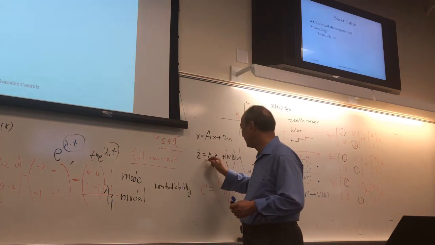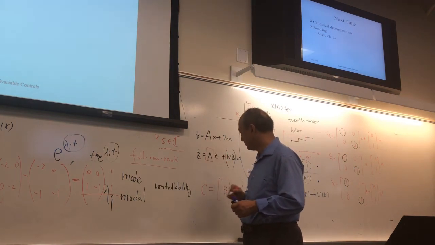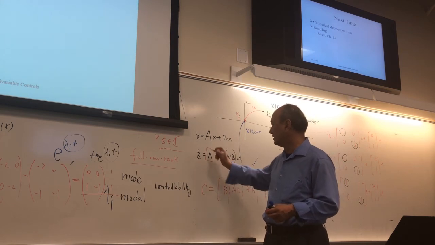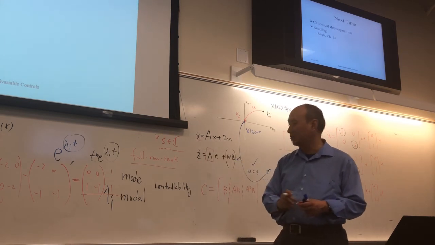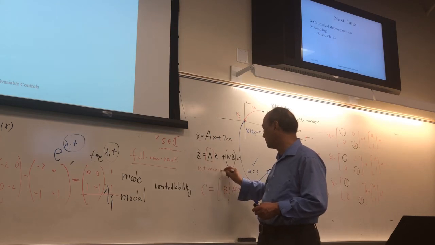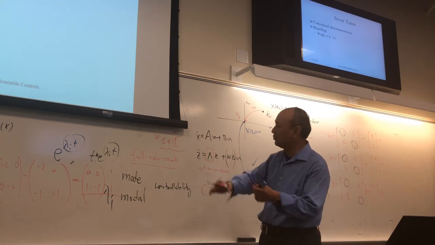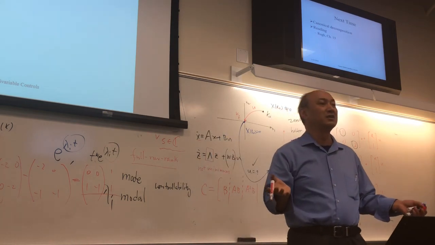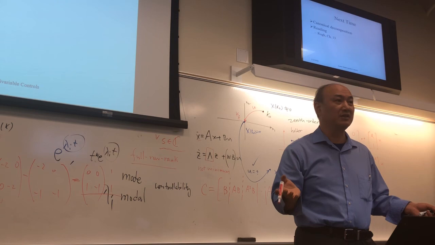In the next lecture, we're going to talk about this canonical form when these variables are not minimal, meaning I have used more variables than needed to describe the state space.